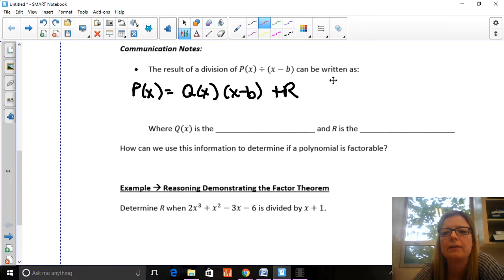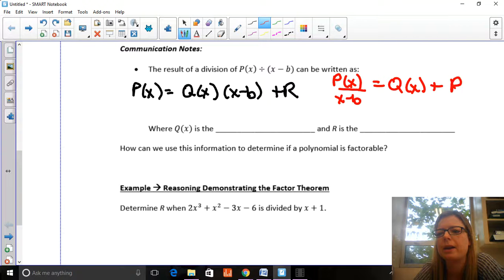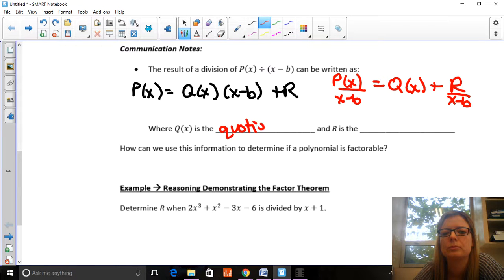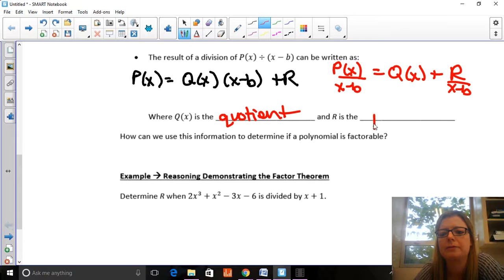We also learned that if you wrote it this way, it would be p at x over x minus b equals the quotient plus the remainder divided by x minus b, okay? So q is the quotient, and r is the remainder.